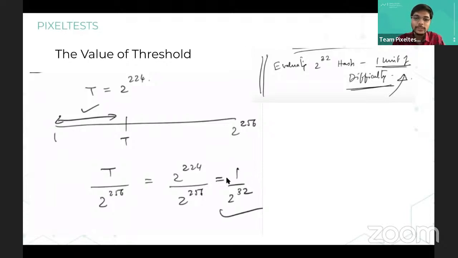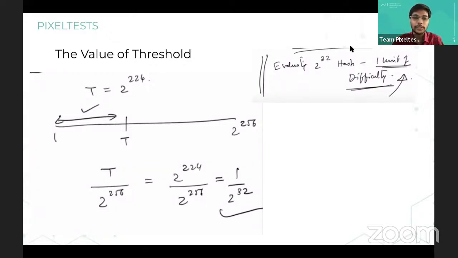That 2 power 32 is also known as 1 unit of difficulty. Trying to evaluate between these 2 power 32 hashes is known as 1 unit of difficulty. We are going to discuss more about the unit of difficulty in our upcoming session.